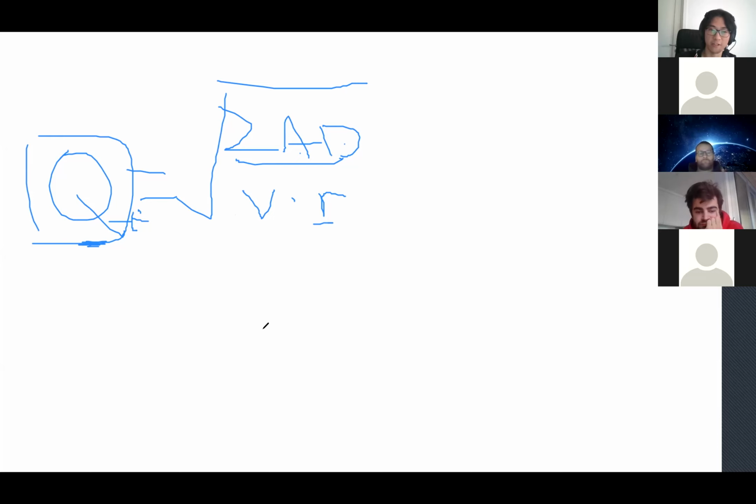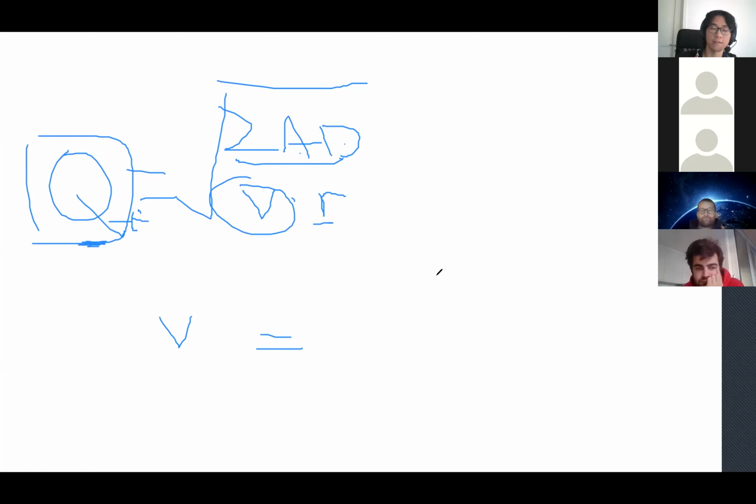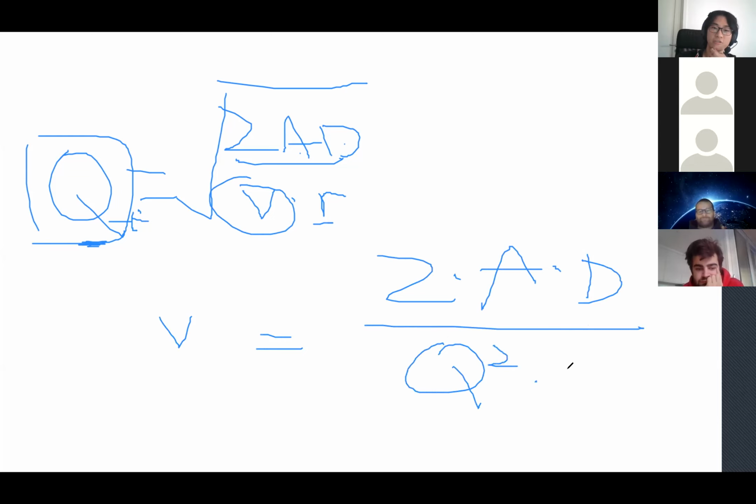And then we just do a little bit of transformation on the formula, and this is what we are after. So we move it to the left-hand side, and sorry, you see that the formula will be 2AD divided by Q squared multiplied by R.